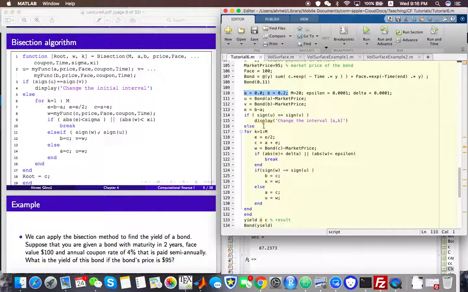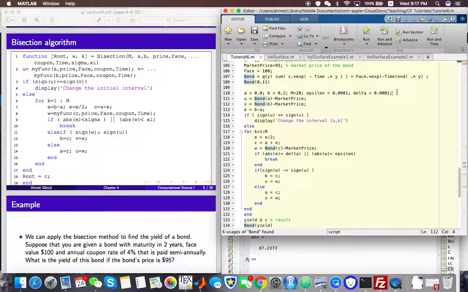You can check this at the beginning of your bisection algorithm. If the signs are the same, that means there is no root in this interval, so you need to change your initial a and b. I'm also evaluating the function here: the bond price minus the market price, because we want to make this quantity equal to 0 or as close as possible to 0.